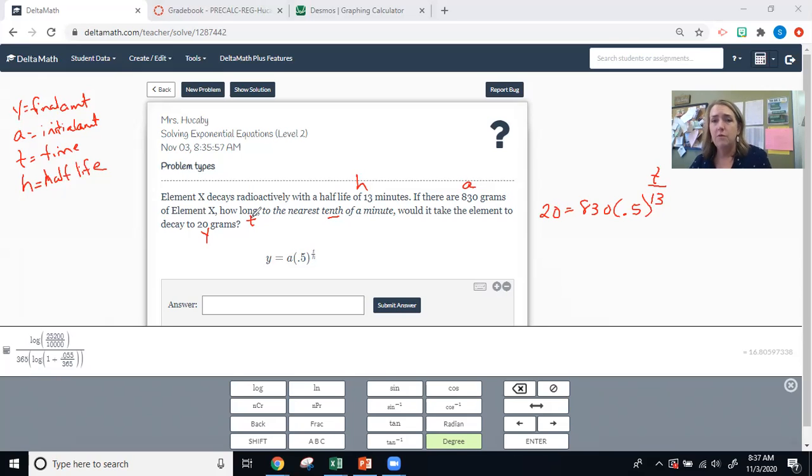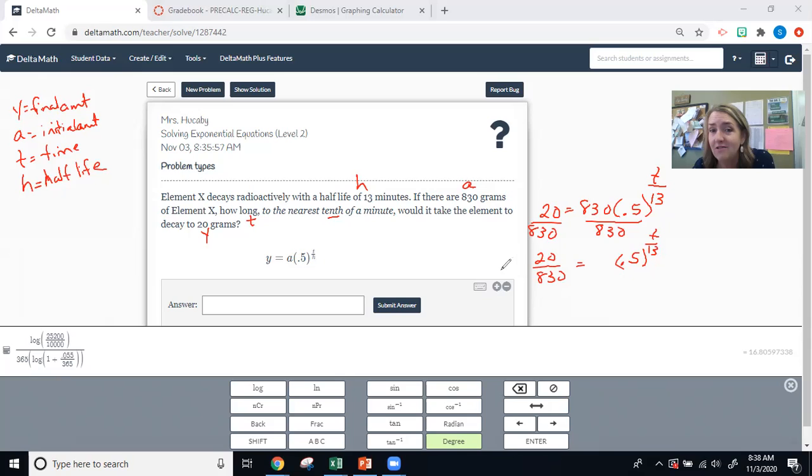So just like with the compound interest, we are going to solve it algebraically and probably take logs and solve for T. So the first thing I'm going to do, this needs to stay together for right now. So I'm going to divide both sides by 830. So now I have 20 divided by 830 equals 0.5 to the T over 13.